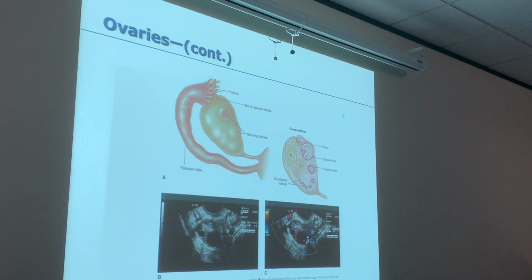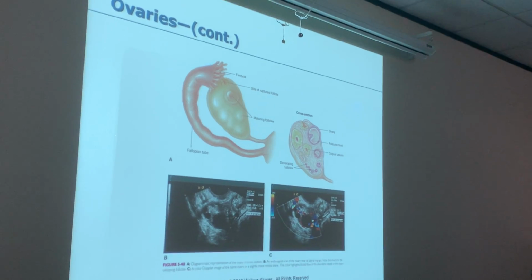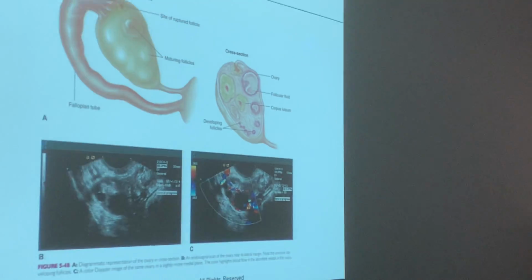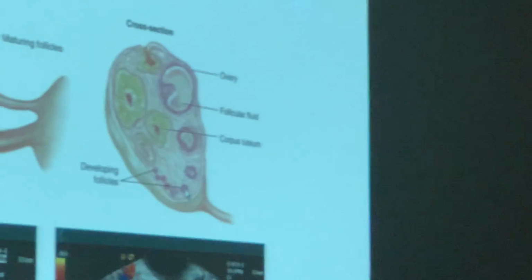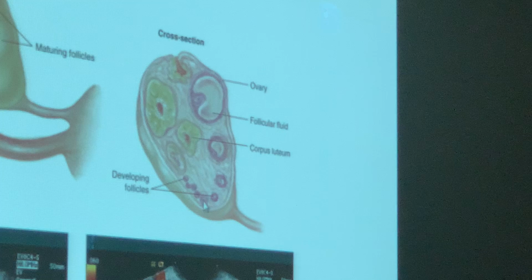Okay. Let's start down here. I have a developing antrum, or an oocyte. It grows, I have FSH, I have FSH, I have FSH. I'm putting out estrogen.